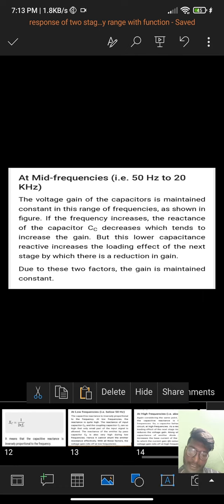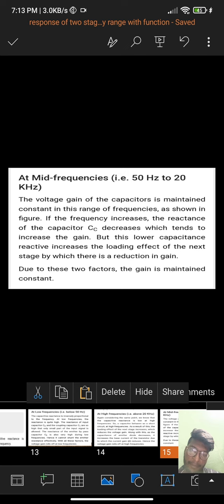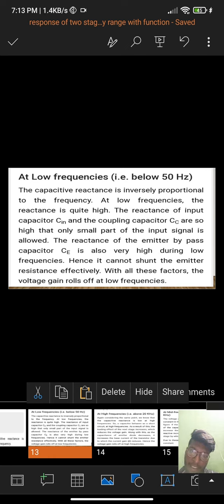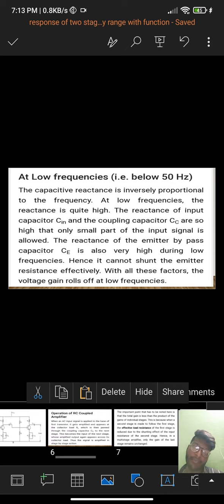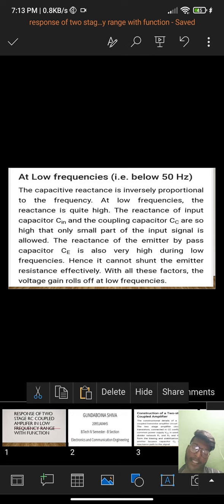When the frequency is medium, the gain is maintained. At low frequency, the coupling factor is high, so only a small part of the input signal is allowed. The reactance of the emitter bypass capacitor CE is always very high during low frequencies, hence it cannot shunt the emitter resistance effectively.